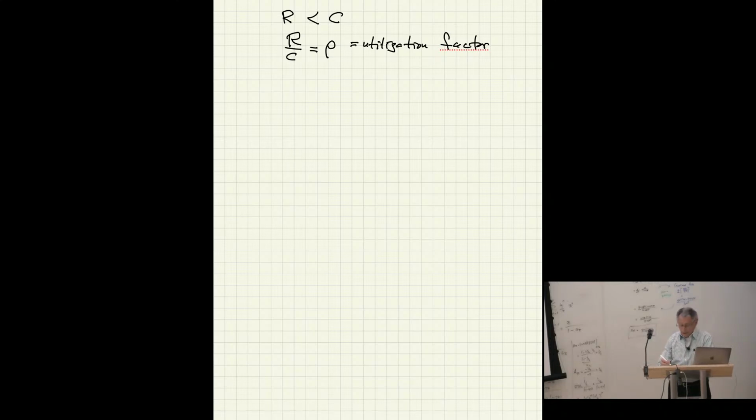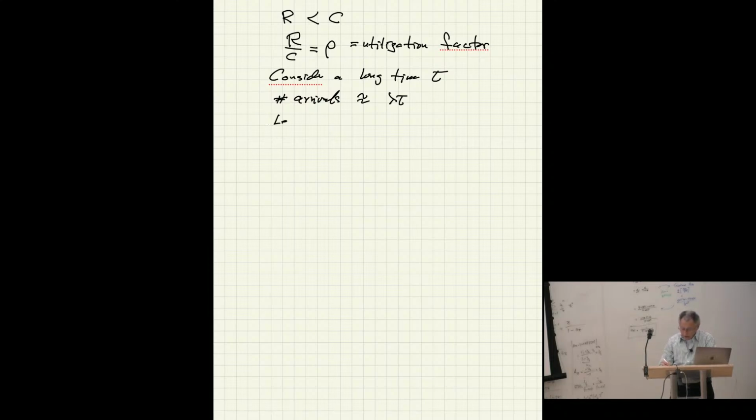Now, if you look at a long time tau, the number of arrivals in tau seconds is approximately lambda tau.